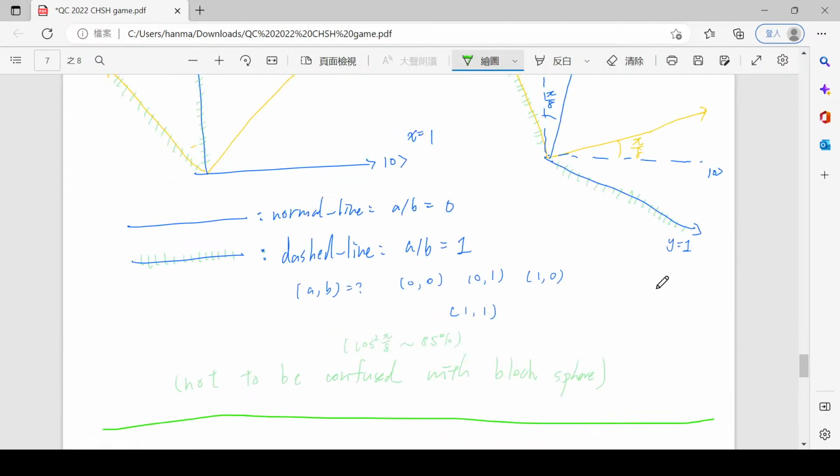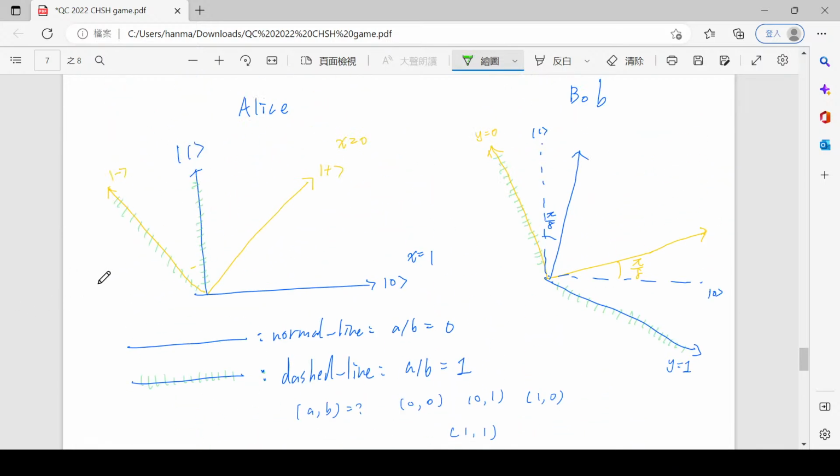And well, I don't really have a good derivation, although you can kind of take a good guess by yourself. But here is what people figured out. So yeah, this is the basis Alice picks, and this is the basis Bob picks.